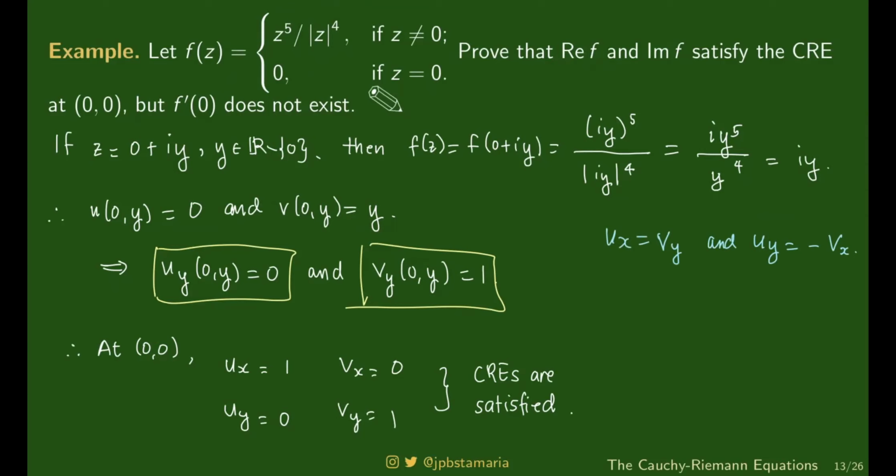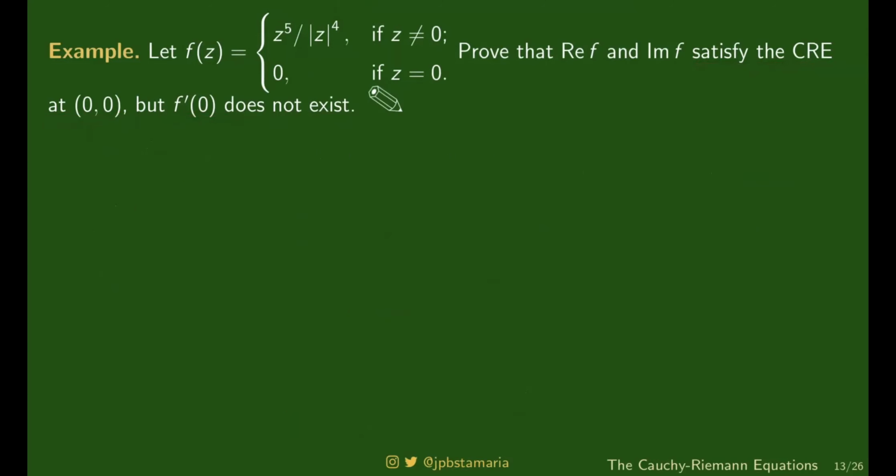Meron tayong pinapagawa pa sa example na ito. But we will prove that the derivative at zero does not exist. How do we do that? Ganito yan. Finally, we show f prime of 0 does not exist.